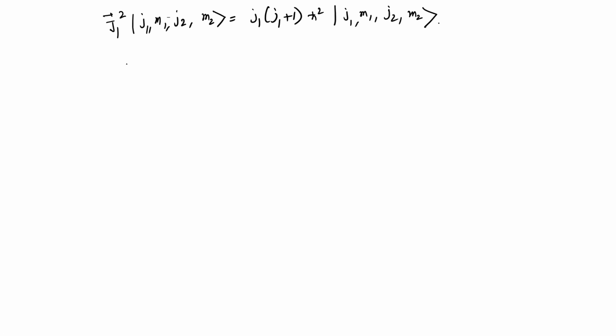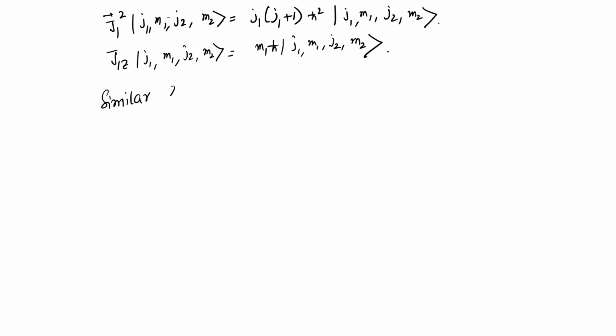And similarly J1Z acting on J1 M1 J2 M2 is equal to M1 h cross times J1 M1 J2 M2. Okay. So, that is very clear, and you can write similar relations for J2 square and J2Z.